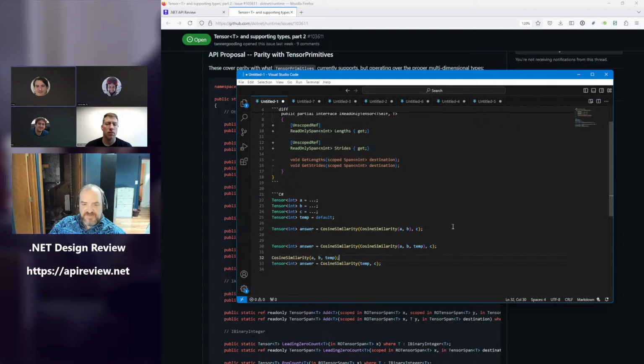Otherwise, they have to do extra computation to determine how much data per dimension was written, which means we're also going to need to take in a read-only span of elements written per dimension type parameter. Wait, I didn't understand that part. You're saying the ref return wouldn't be to the destination; it would be to a sliced destination.